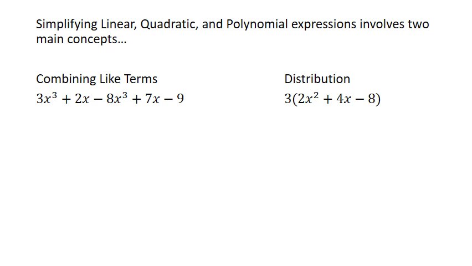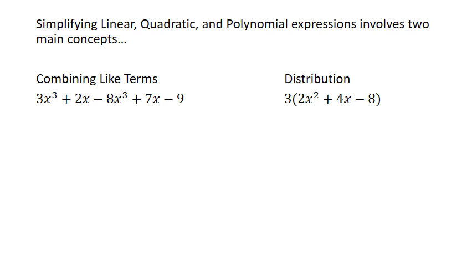Now, one of the most important things to understand about this lesson is that we're dealing with expressions, and expressions are different than equations. You'll notice in both the statements right here that we're going to look at shortly, there's no equal sign. This mathematical statement right here is not equal to anything. It is just a mathematical statement. We call that an expression.